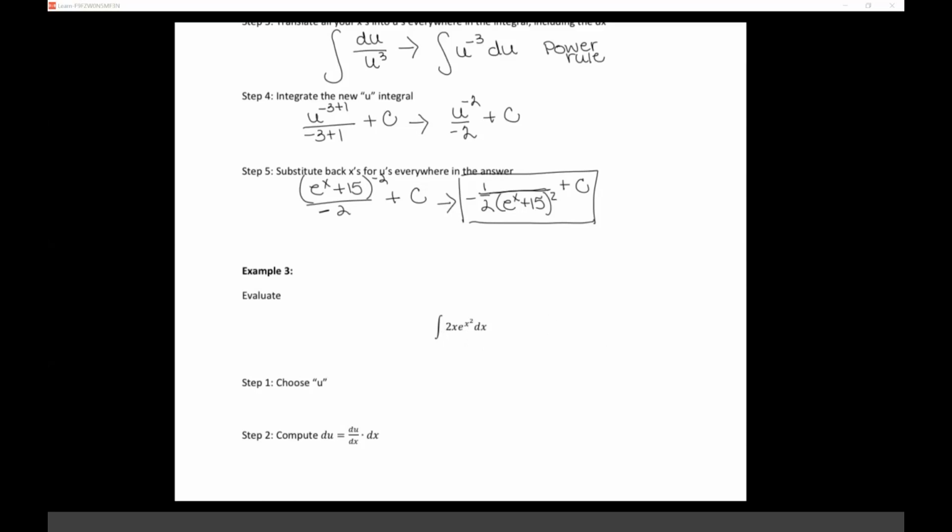So I'm going to let u equal x squared. And then I'm going to do the same business, take du over dx. That's 2x. So here's what I've got so far. Here's my u up here. What's the other bit that I need to match? I need to match 2x dx.